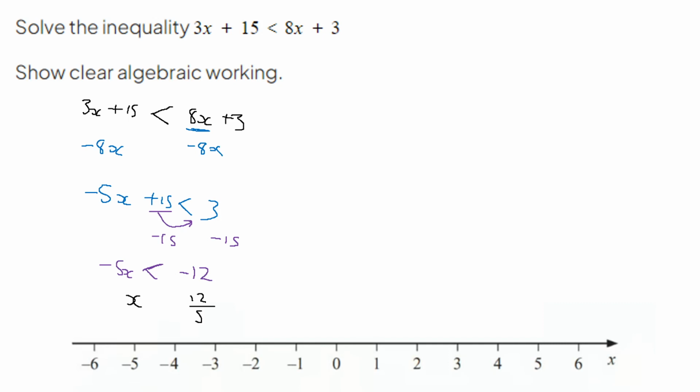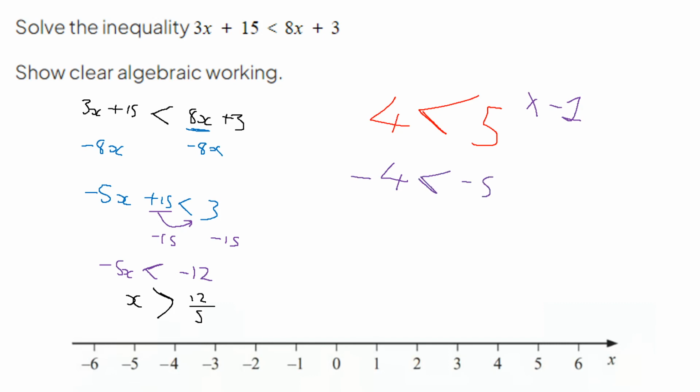You see, this time we're going to flip it. Because, let's say we have 4. 4 is less than 5, isn't it? You agree, right? But let's say we were to divide both sides by minus 1. Then we would get minus 4 is less than minus 5, right?